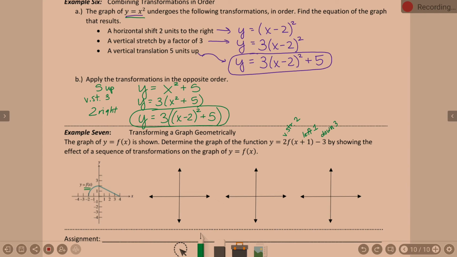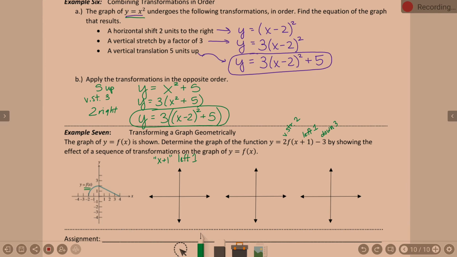So if we're starting closest to the x, what would that indicate my first transformation is going to be? The left one. So we're going to do the x plus 1 here, in other words, the left one on this first graph.